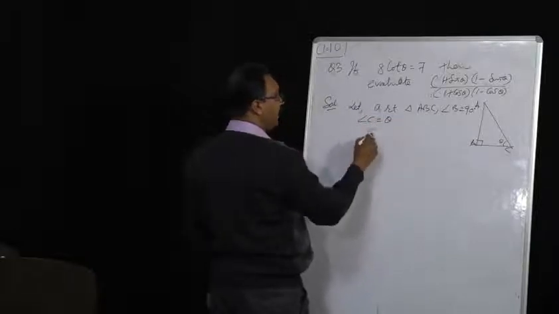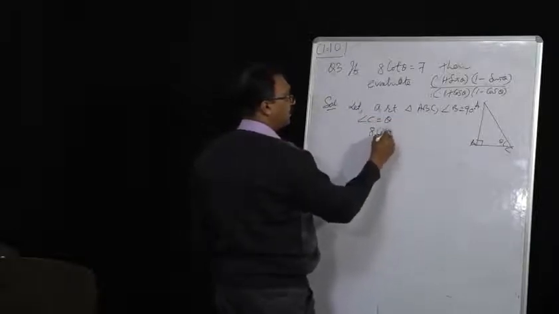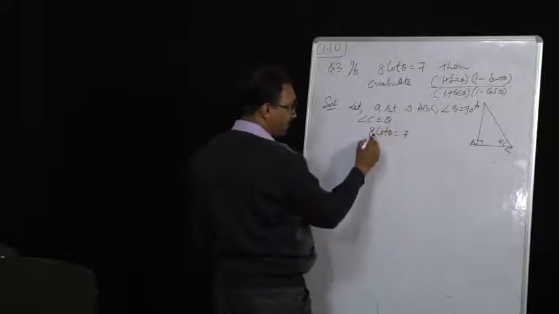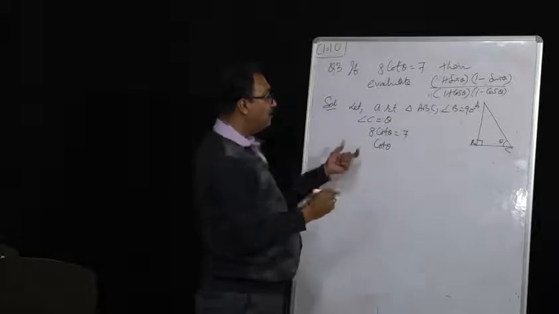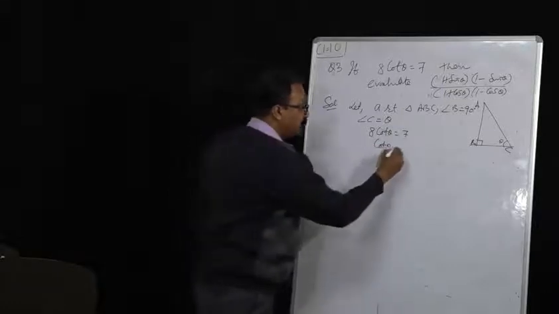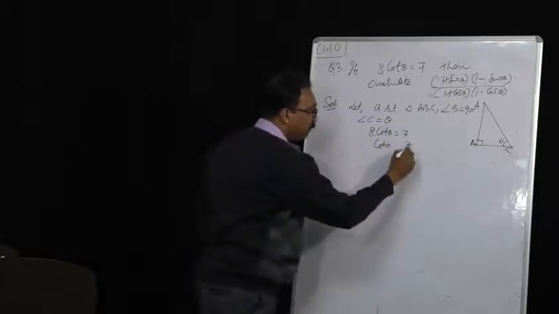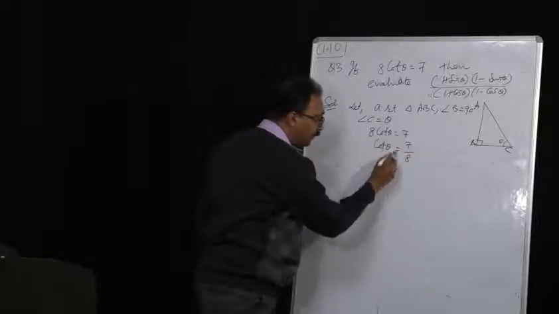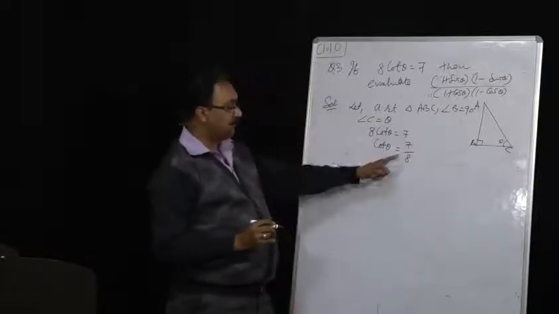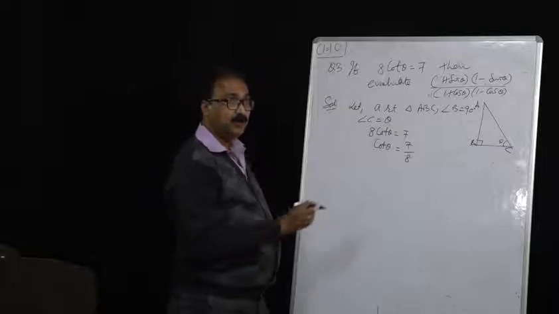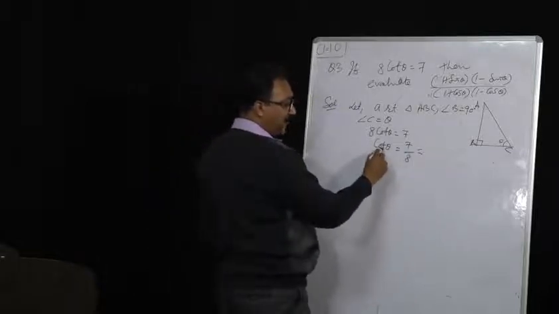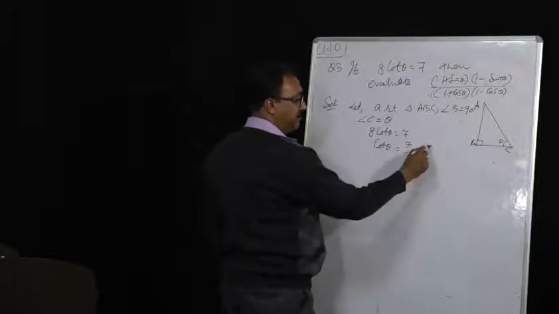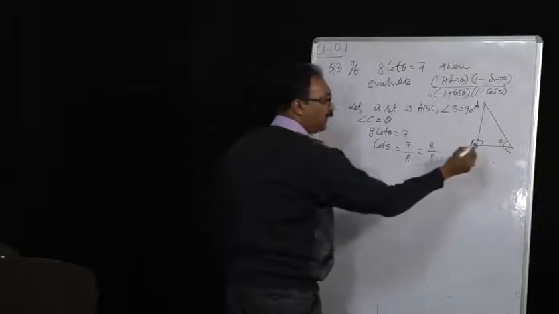Since they have given 8 cot theta equal to 7, we have to find the cot theta ratio, not only the number. So cot theta is equal to 7 by 8. This 8 you can divide here. So we got the ratio, like last time we showed you, no? Now with the formula, cot is the opposite of tan. Tan is P by B, so cot is B by P. What is B here?